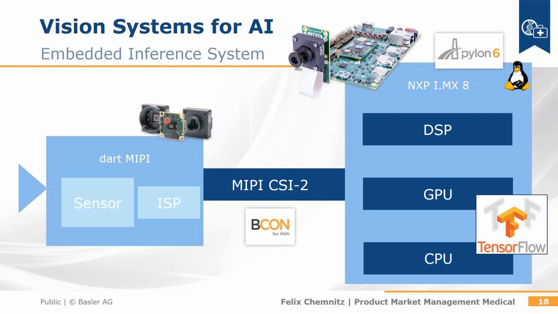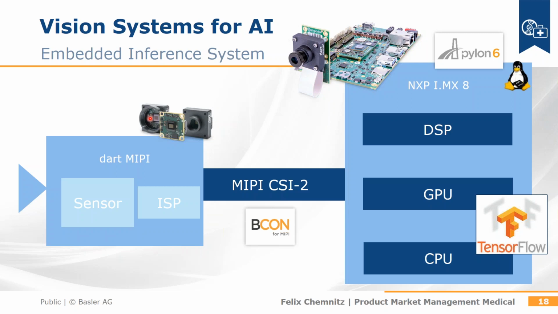We have them from, I think, 1.3 megapixels up to 13 megapixels, in global shutter and rolling shutter, monochrome and color, as bare board with an S-mount lens or with a CS-mount lens. So there are a lot of different options for your system. As I said, just get in contact with us so that we can choose with you the best camera for your system.